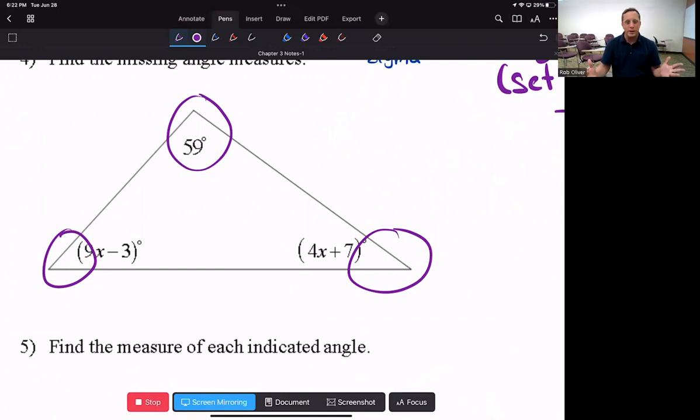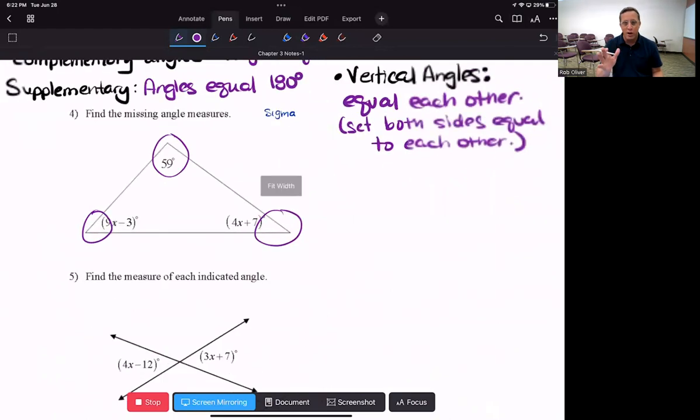It doesn't matter what kind of triangle it is, as long as it's a triangle with 3 sides: scalene, isosceles, equilateral, obtuse, acute, right. No matter what kind of triangle it is, those 3 angles will add up to 180 degrees.